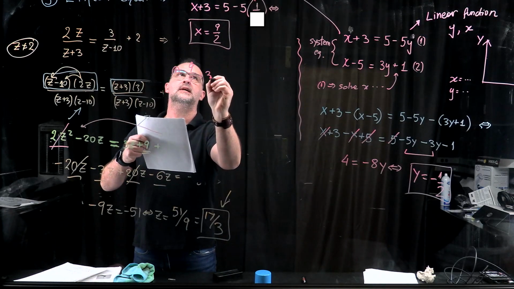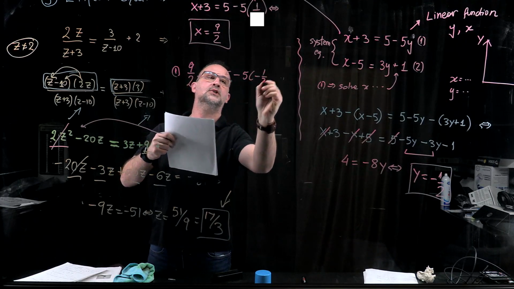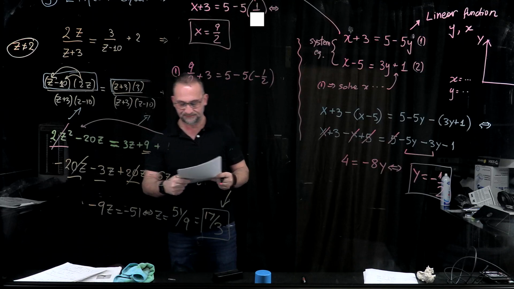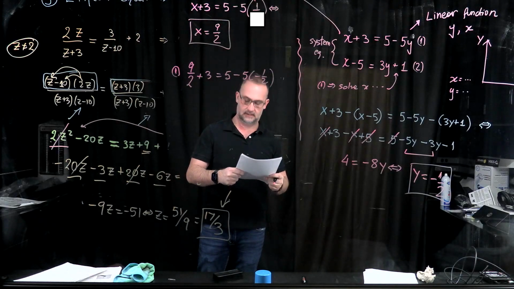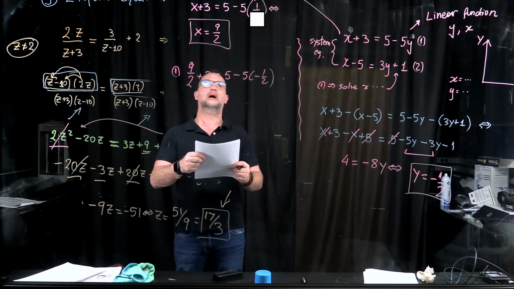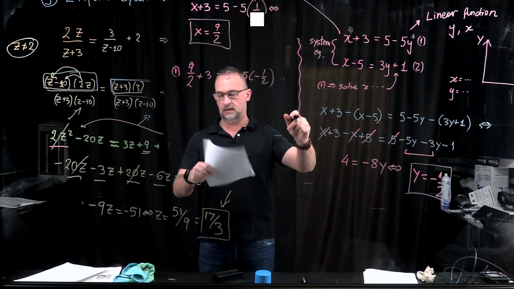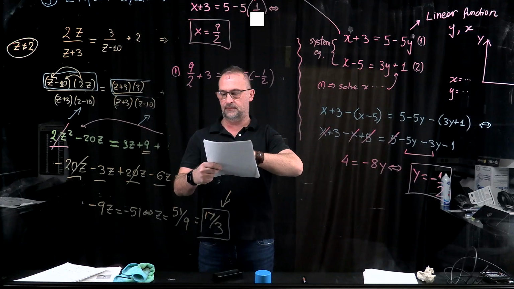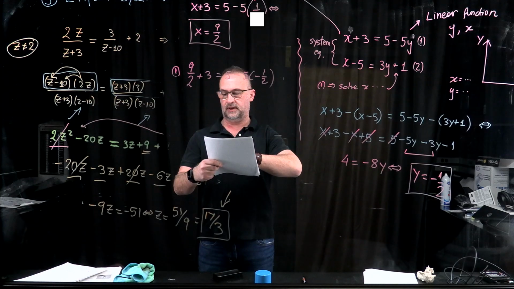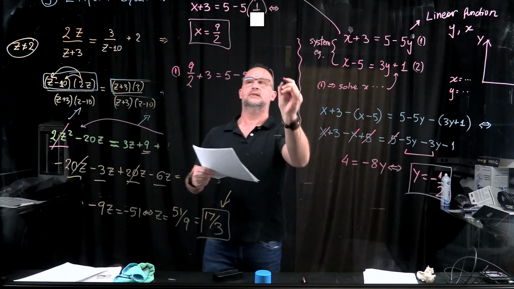9/2 plus 3 equals to 5 minus 5 minus 1/2, I'm sorry. And let's see, do I get this right? I'm sorry, I intended, which equation did I use here? Give me 1 second, 3. So let's see.